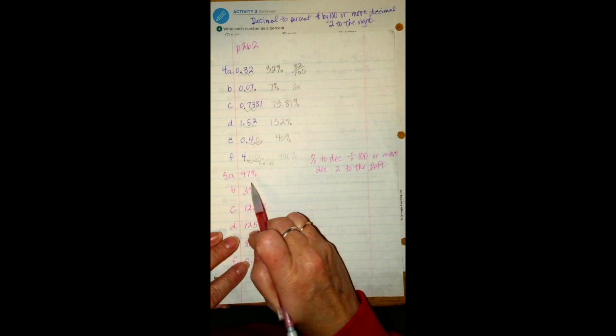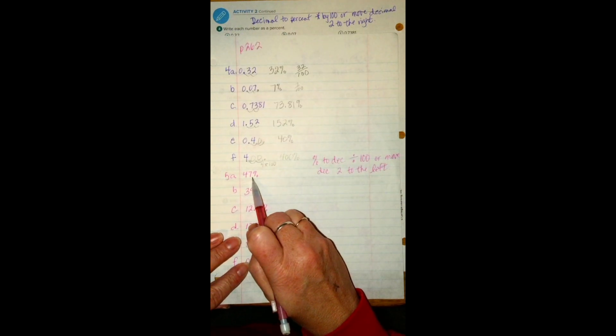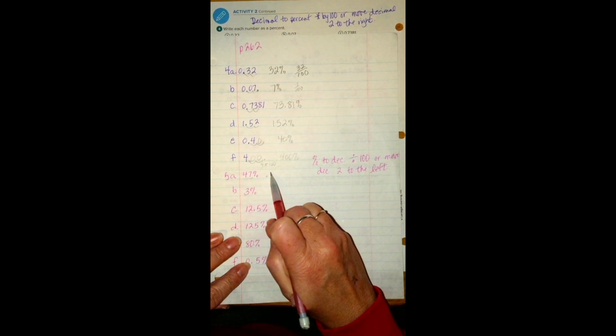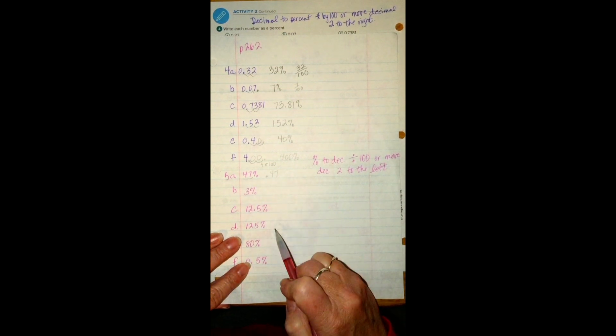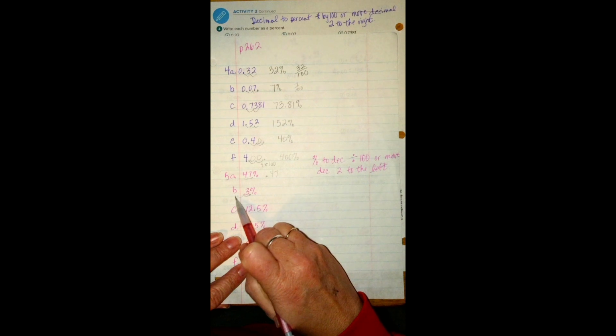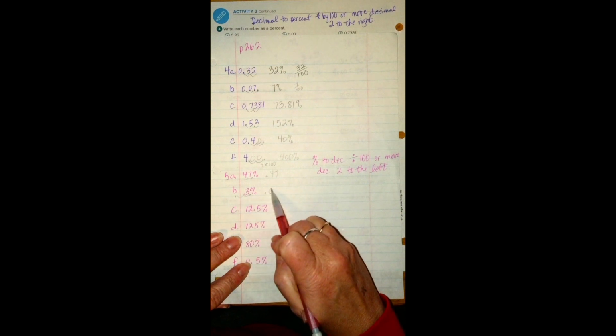Okay, so in 47%, our decimal point is at the end of the 7, so 2 to the left gives us 0.47. The number 3, the decimal point is at the end. 2 to the left, we will have 0.03.